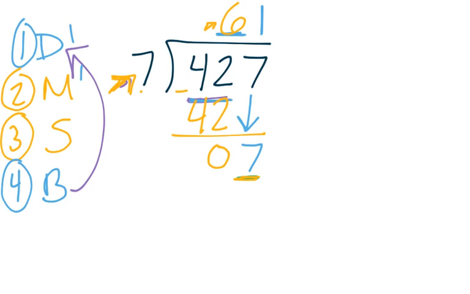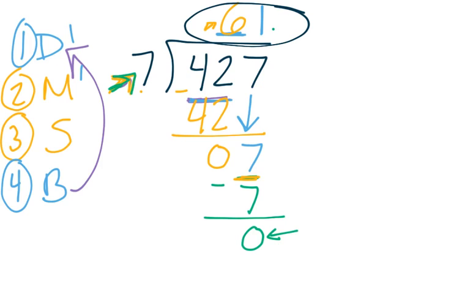Now I need to multiply. I'm going to multiply my divisor times the number I just put up top. 7 times 1 is 7. Now I need to subtract. I'm left with 0. I don't have anything else to bring down. What I have left is less than my divisor, so 61 is my quotient, or my answer to this division problem.